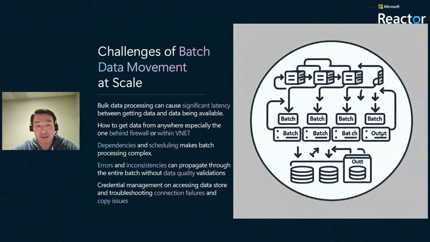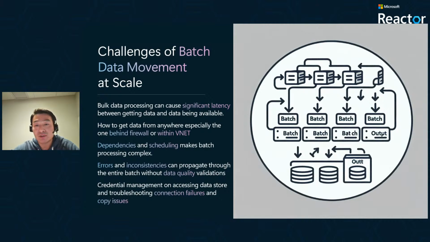You may also want something like orchestration to make sure your data movement happens in the right sequence. For example, you may want to kick off your data movement only after your upstream data is available. And one more orchestration challenge is that you may also want to deal with errors and inconsistency, especially for your long-running data movement.